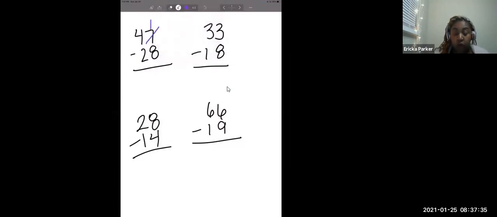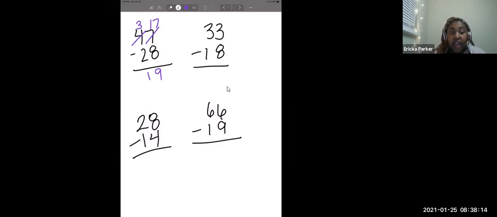We've got to regroup. So we already know that's going to add a 10. That 10 becomes what? 17. Are we just going to leave the problem like this? No, we've got to take from the other side, which means that this is going to make this a 3. 17 minus 18 equals what? All right. And 3 minus 2 equals what? 1. All right.